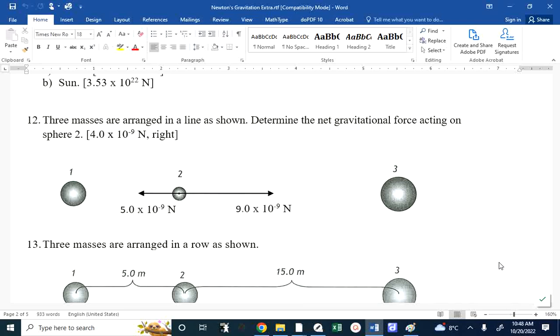And you're told that mass 2, the center one, is being pulled to the left with 5 times 10 to the negative 9 newtons, and that's because it's attracted to mass 1. And if the question is, what's the net force acting on sphere 2? Well, you have to add these two forces. And what that means is you're going to subtract the amounts. Are you all with me on that?